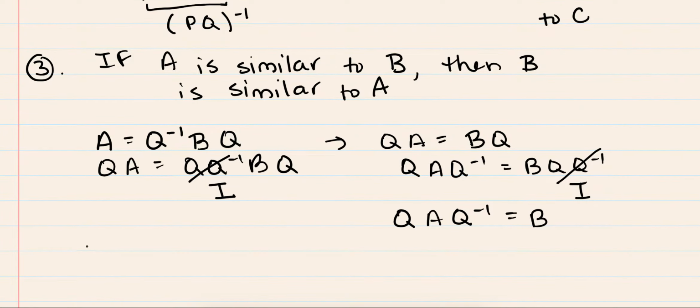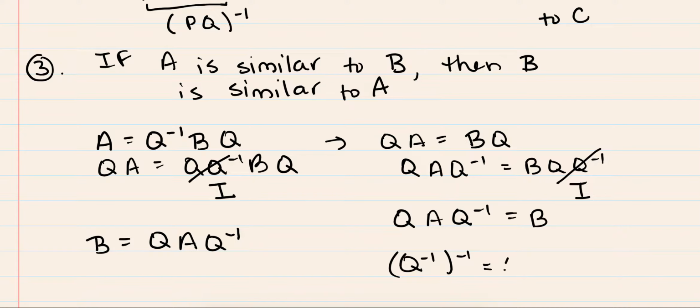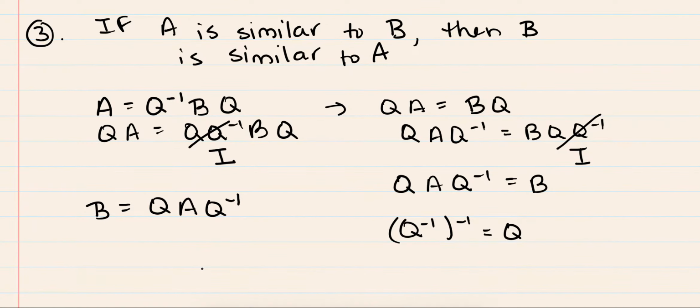Let's flip this just so it looks a little bit nicer. B is Q A Q inverse. I just put this on the left side and this on the right side. But notice that the inverse of Q inverse is Q. So then B is Q inverse inverse, A, Q inverse.